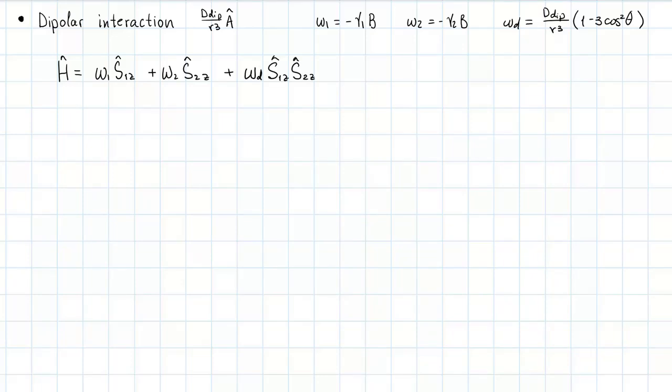If I insert in this expression the S1z operator and S2z operator shown above, I will get a diagonal 4x4 matrix.